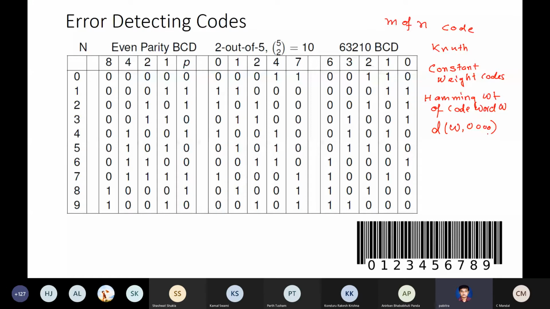And you see in the 2 out of 5 code, all the code words have the same Hamming weight. Similarly, in an m of n code, all the code words will have a Hamming weight of m. So these are called constant weight codes.